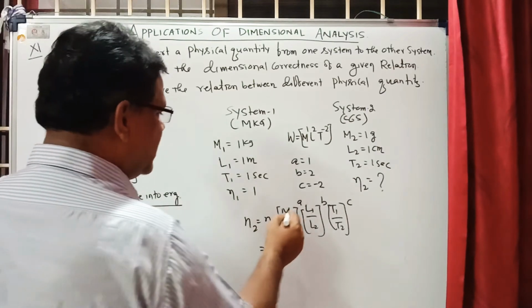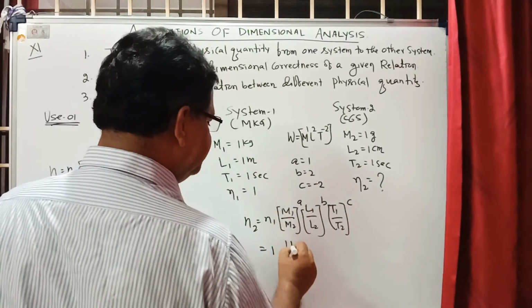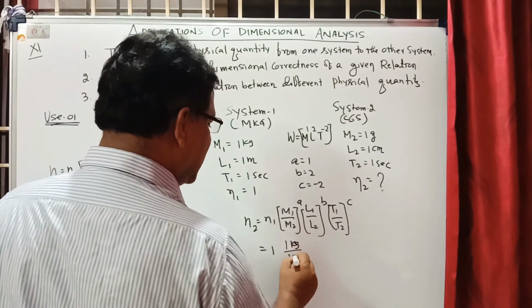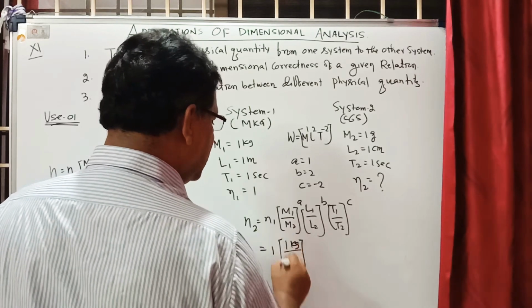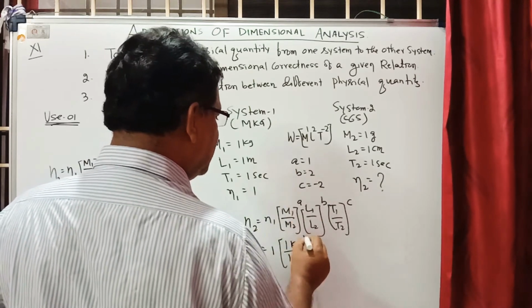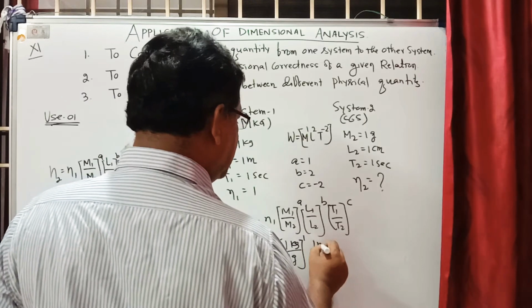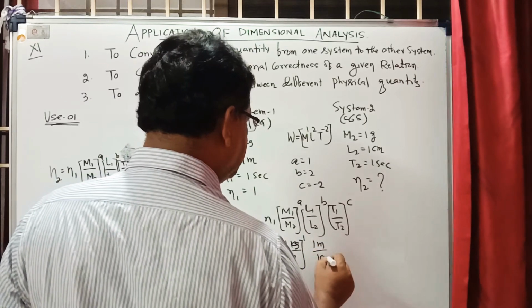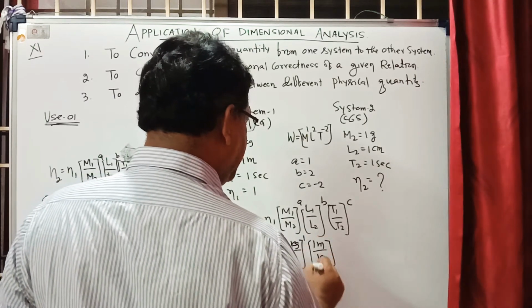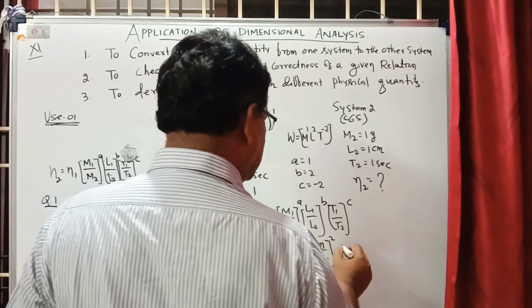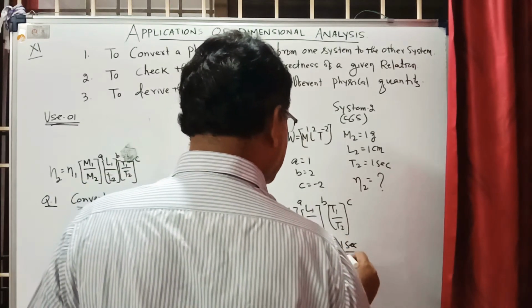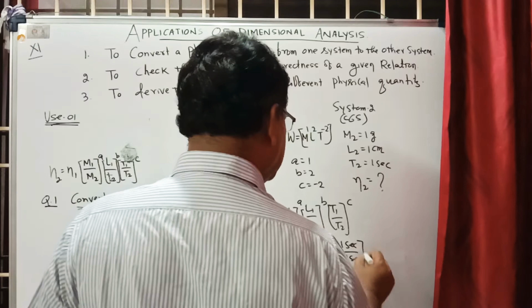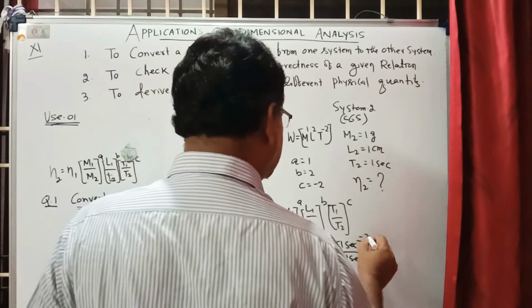So n1 is 1, m1 upon m2 is 1 kg upon 1 gram, to the power a equals 1, then 1 meter upon 1 centimeter to the power b equals 2, and 1 second upon 1 second to the power c equals minus 2.